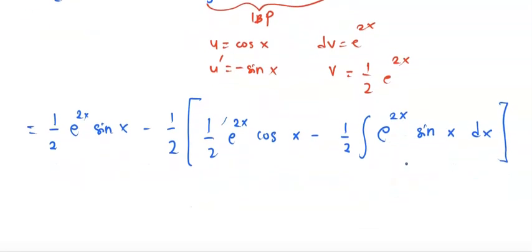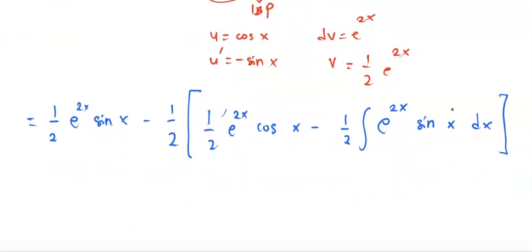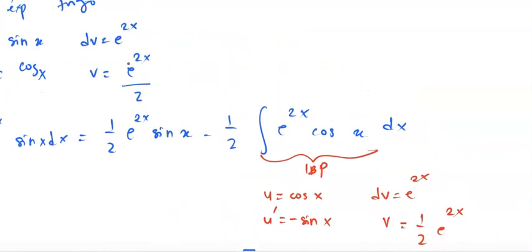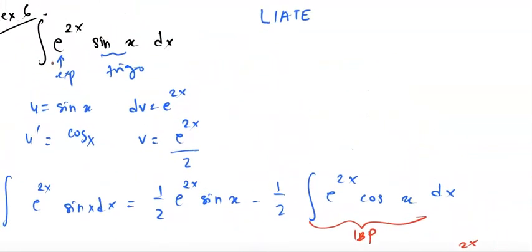And again, here is another IBP. So what should you do? Now, in this case, your integration here is exactly the same as the given function. Go back to the original equation, or given function.